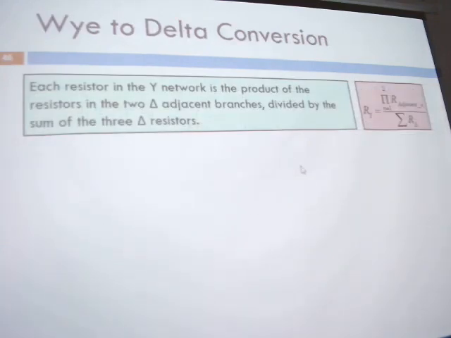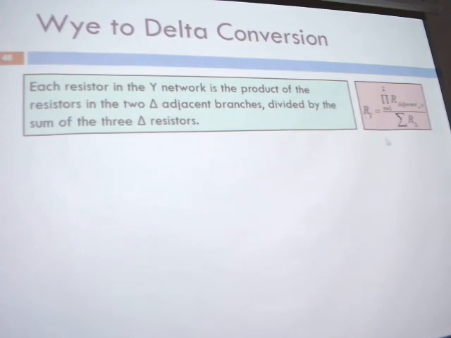Okay, now we're going to see the Y to delta conversion. Another, a different one, right? Each resistor in the Y network is the product of the resistors in the two delta adjacent branches, divided by the sum of the three delta resistors. Here is the value of Ry.